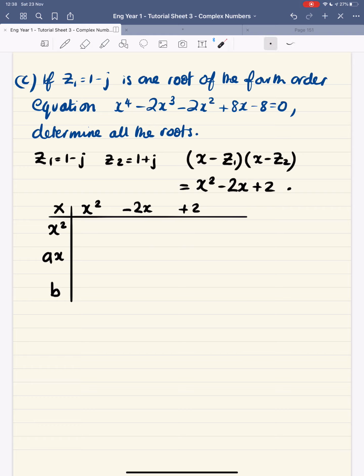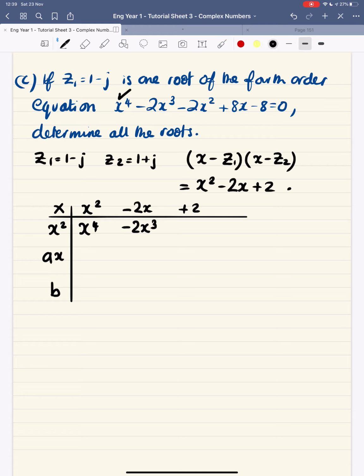So basically we've got this times this has to make that. So that is x to the power 4. We've got that one. Then we think about our x cubes. So this is minus 2x cubed in this box here. The other place where we get x cubes is here, because this is x times x squared is x cubed. And we need minus 2x cubed, and we've already got minus 2x cubed.